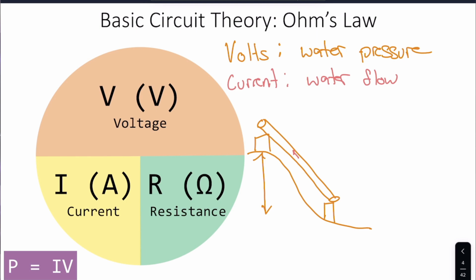And finally, on this chart on the left, we have resistance. And resistance is like a flow limiter.